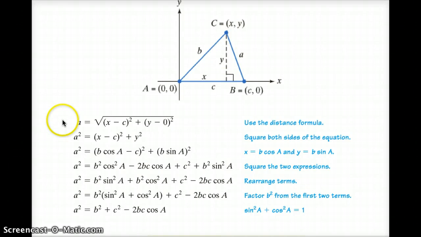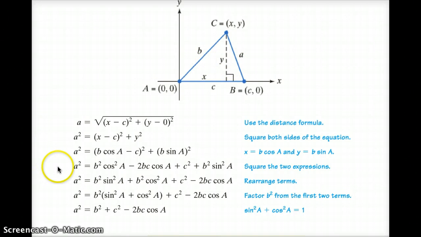So down here to the side, notice we have A equal to the distance between those two locations. I square, and then I replace the x and the y with their values using the two triangles here in right triangle trigonometry.